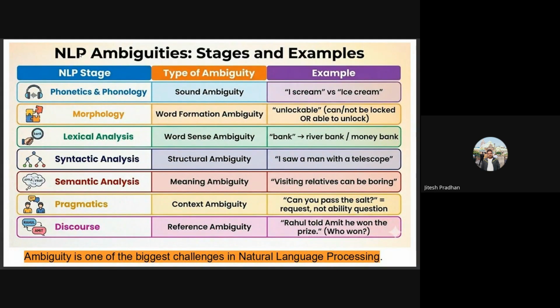Now, what is NLP ambiguity basically? In a simple way, we can say that ambiguity occurs when a word or a phrase or a sentence has more than one possible meaning. Now, all of you are from a CSE background, you must have studied TOC or compiler design. And there is ambiguity in grammar.